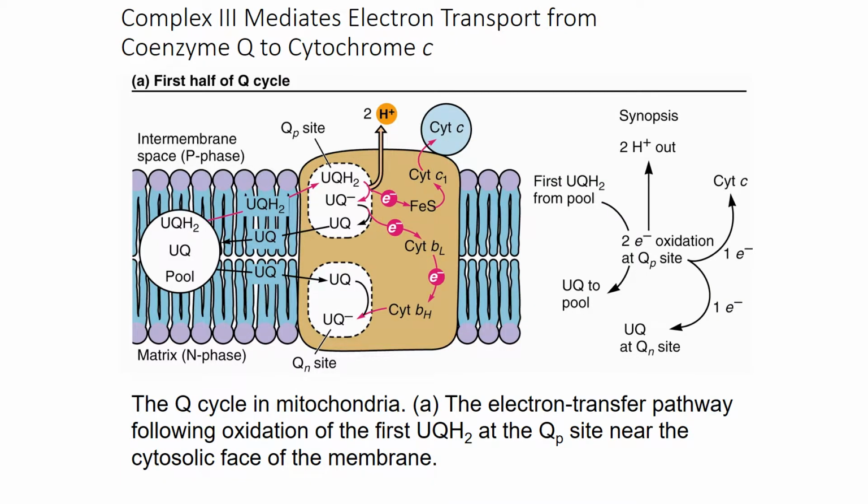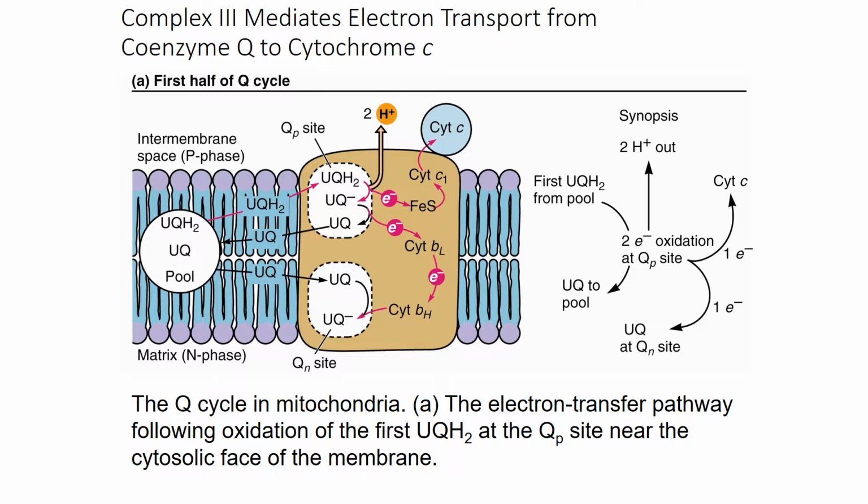Now we're going to look at the third complex. The third complex is probably the most complex of all of the membrane embedded redox centers in that electron transport pathway.